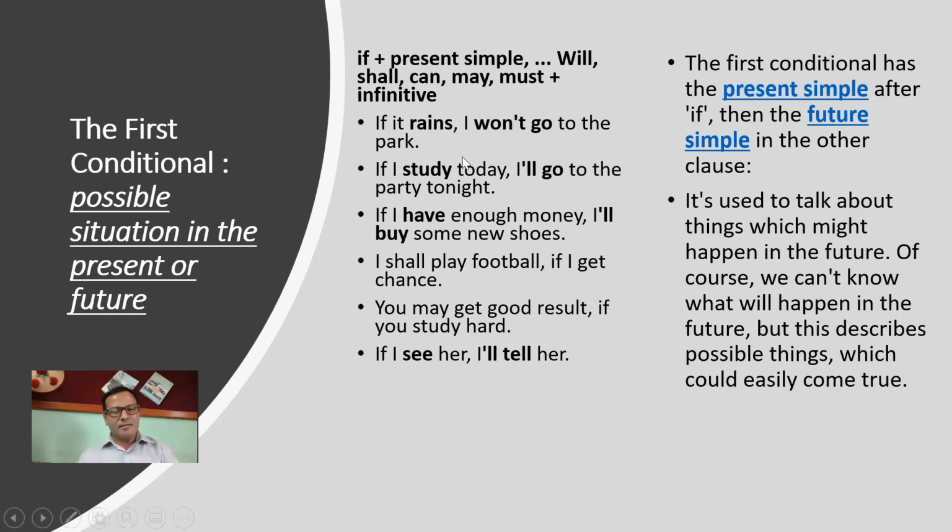So in conditional type 1, the if condition is always used in present simple, whereas the main clause is used in future simple, or we can also add other modal verbs like can, may, must. That is also possible, so don't get confused. So type 1 is used to express possible situations which are likely to happen now or even in the future. So this is the second type.